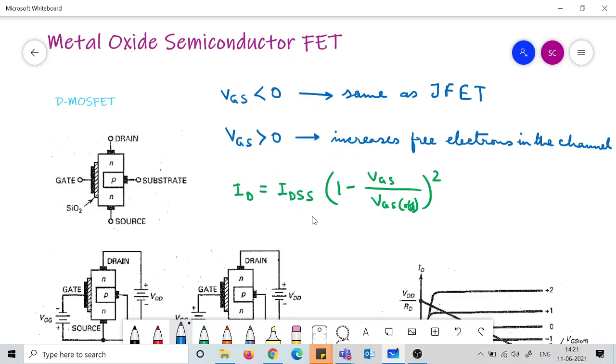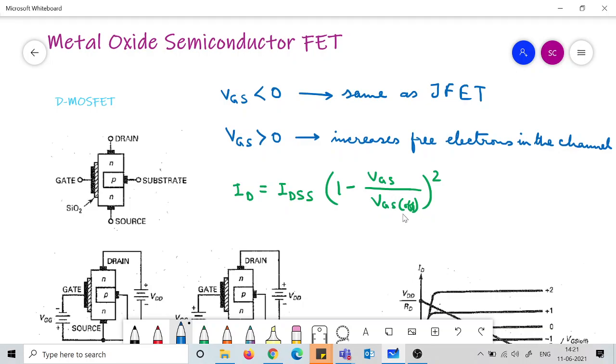This parameter is given to us by the manufacturer. They calculate the drain current by making VGS equal to 0 and give this value. Any other current when VGS is not equal to 0 can be obtained using this square law relationship.